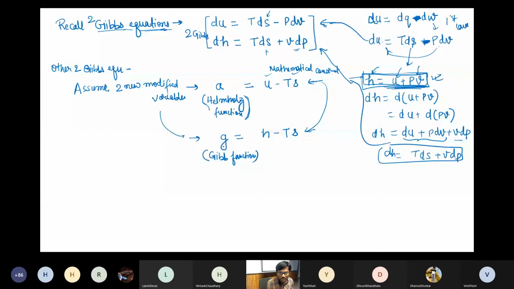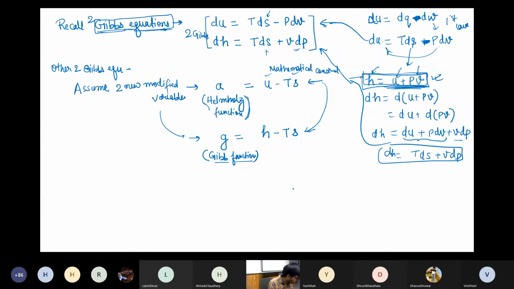The Gibbs function is different from the Gibbs equation, so try to distinguish between these two things. The Gibbs function is another modified variable, H minus TS, while the Helmholtz function is U minus TS.